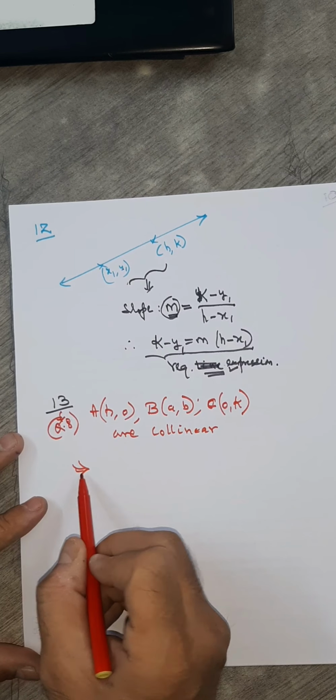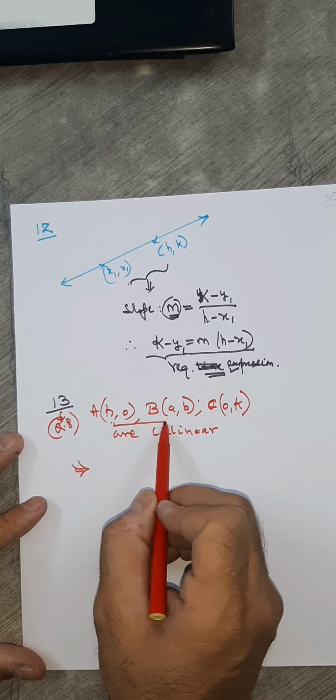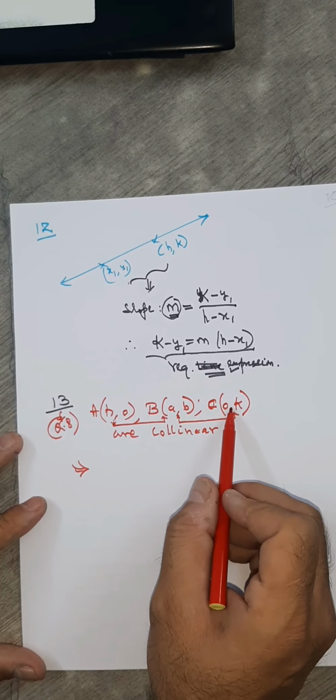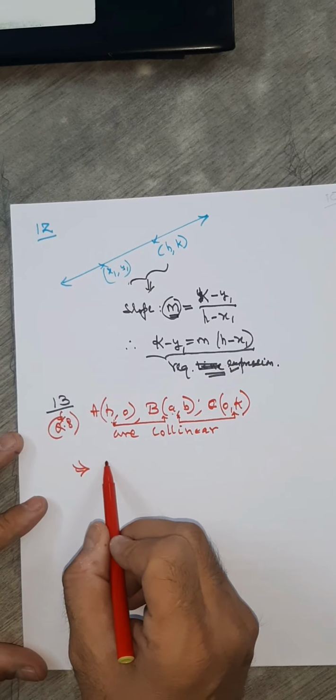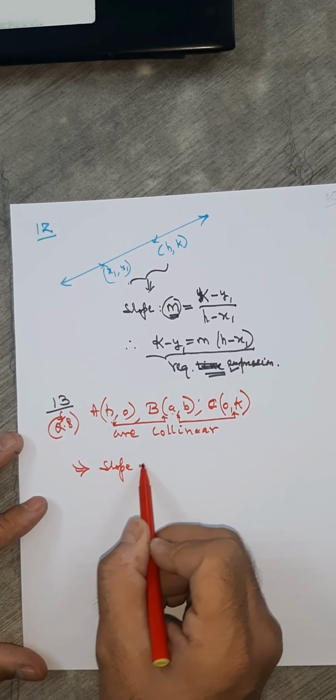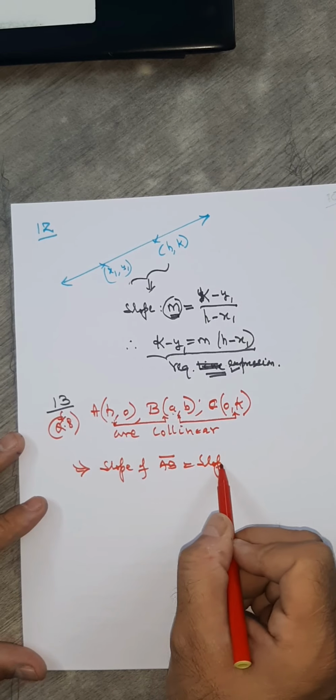So what we do, for example, I'll use these two and get the slopes. Any two can be used. You can use AB and BC, or you can use BC and AC also. That's not important. So I'll write the slope of AB is the same as the slope of BC.